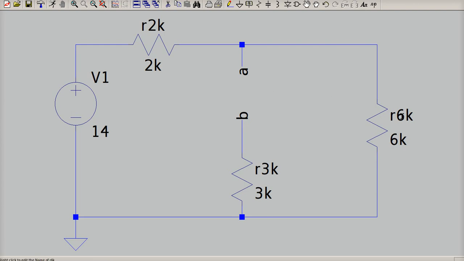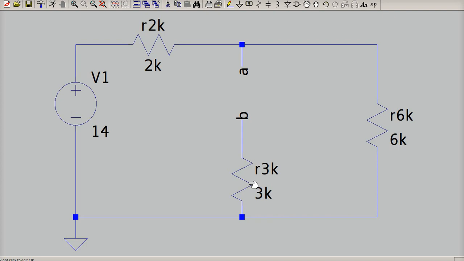Now, if you figured out the voltage drop across your 6K, and then you figured out what a 2K in parallel with a 6K is, and then in series with a 3K, you've got your V Thevenin and your R Thevenin, and you can do a Thevenin circuit. If you wanted to create a Norton circuit out of that, then you take your V Thevenin divided by your R Thevenin, and you would get your I Norton.